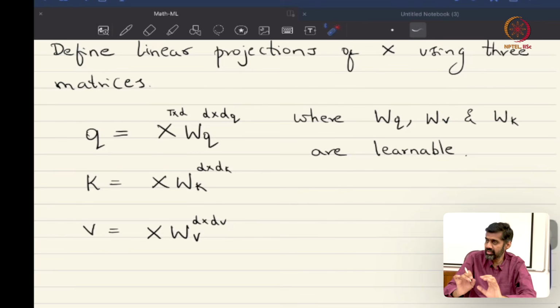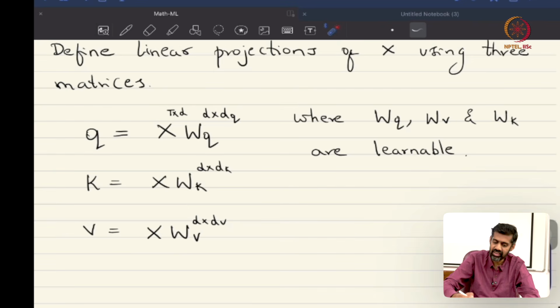Is this okay? So, for now these are simply projections of data onto some linear subspace defined by W_Q, W_K and W_V. All of you know that multiplying two matrices is equivalent to taking the vectors in the columns of one matrix and projecting them onto the space spanned by the other, right? I am hoping that all of you know that.